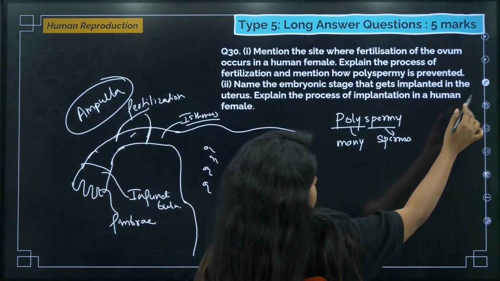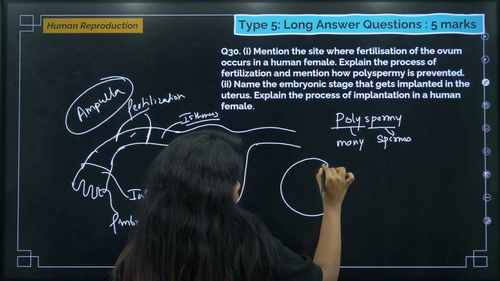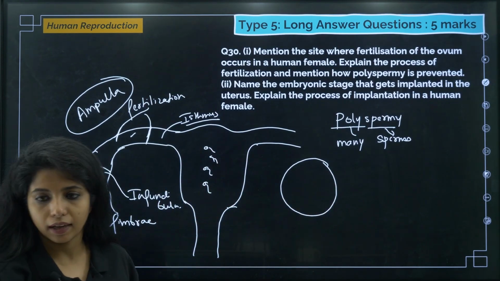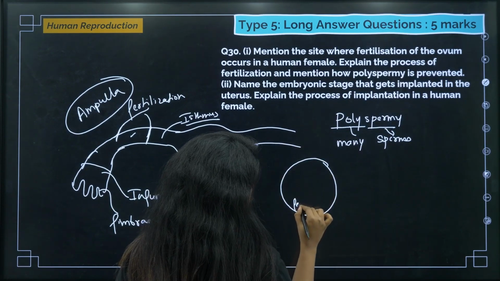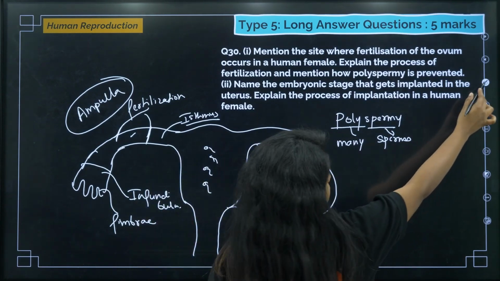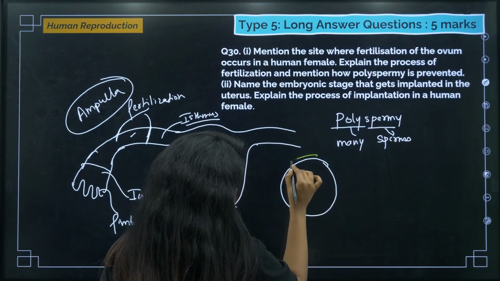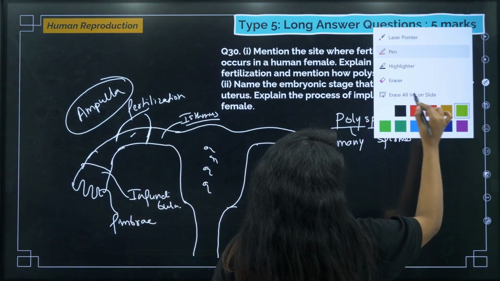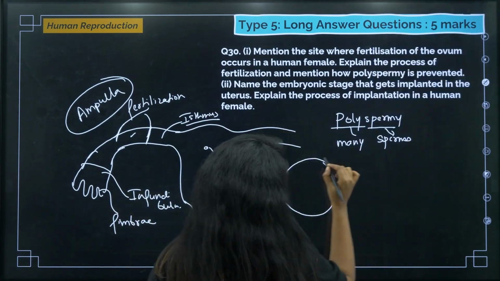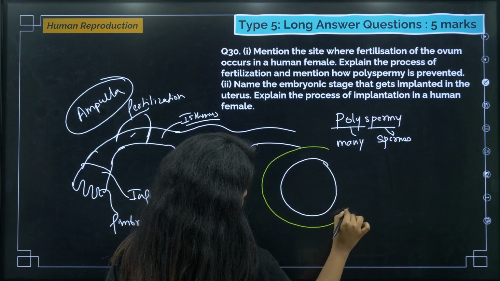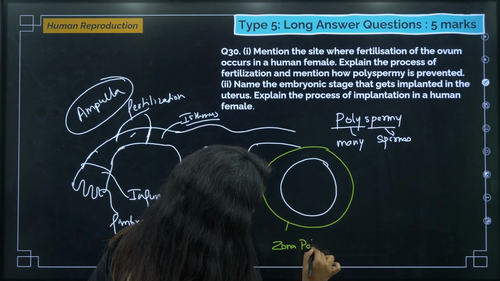So first thing that happens, understand this. You have this, what is this? This is the female gamete, and it has a layer outside it. You call this layer the zona pellucida.